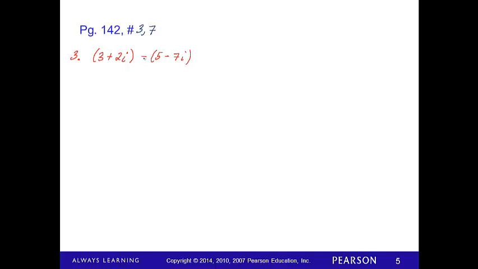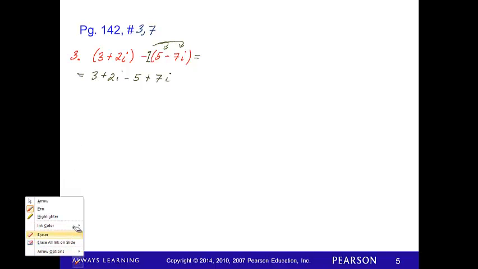So the minus in front of this parentheses means you need to distribute the -1. Let's recall that. So let's distribute the -1, and we end up with 3 plus 2i minus 5 plus 7i. Then it's just combine like terms.